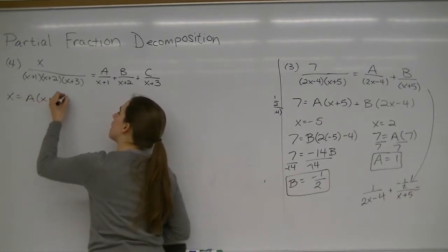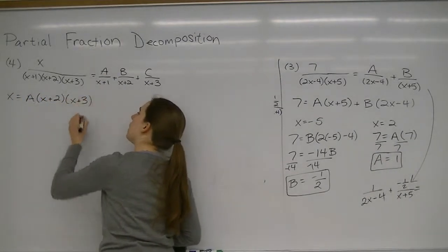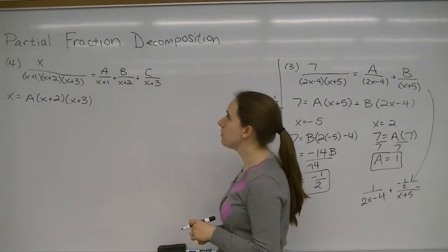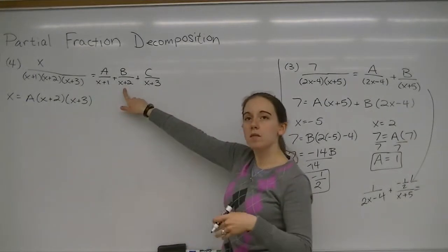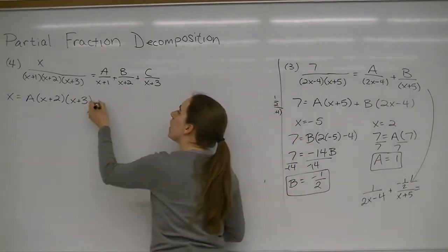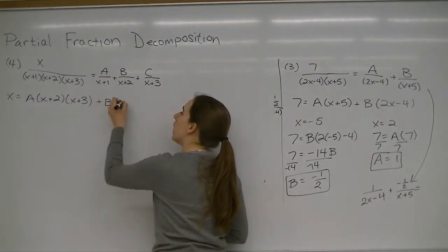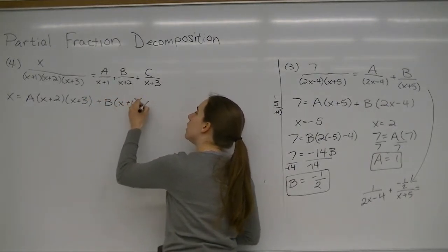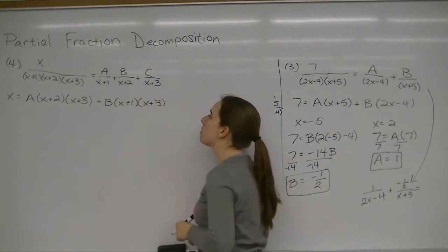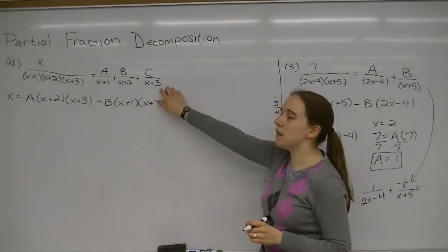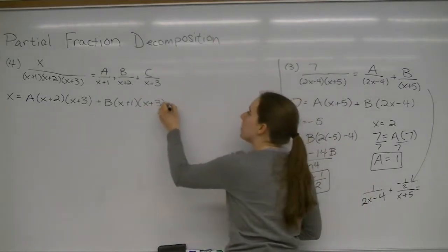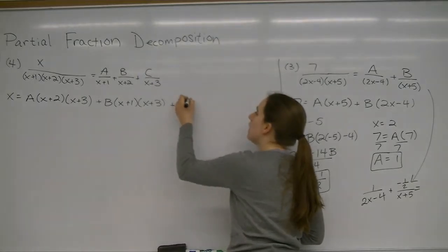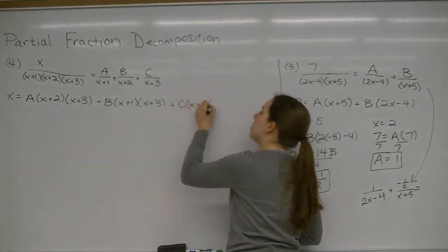So I have a times x plus 2 times x plus 3. Here, the x plus 2's will cancel, so I have b times x plus 1 times x plus 3. Those are my leftover pieces. And last but not least, here, the x plus 3's will cancel, so I'll have c, and then my other 2 pieces left over.